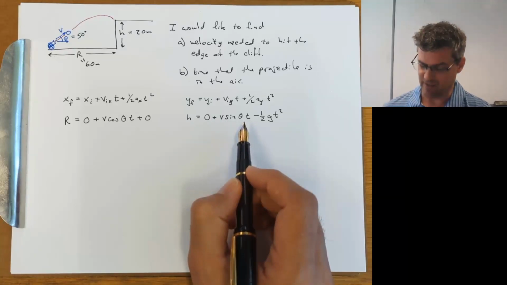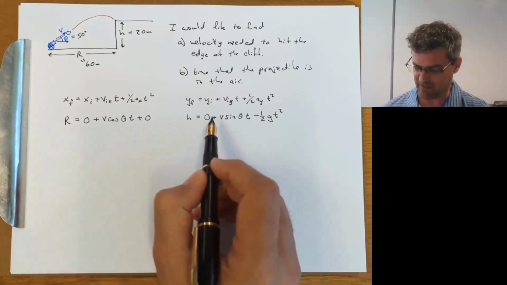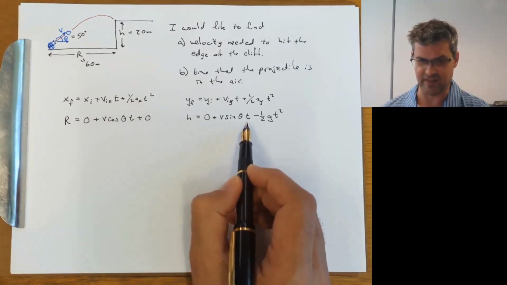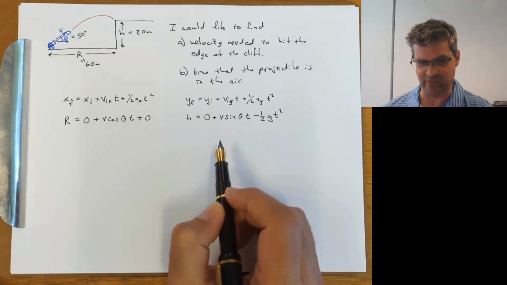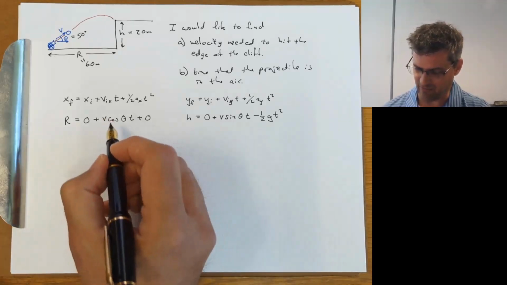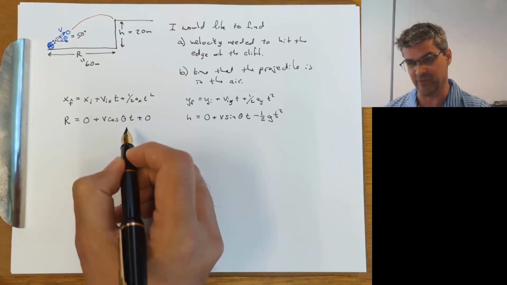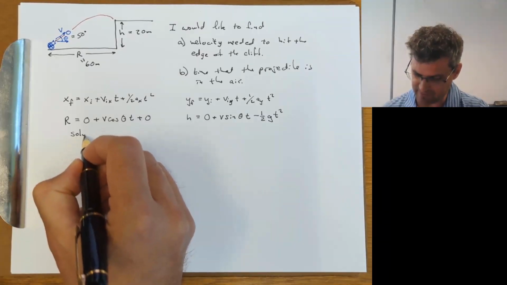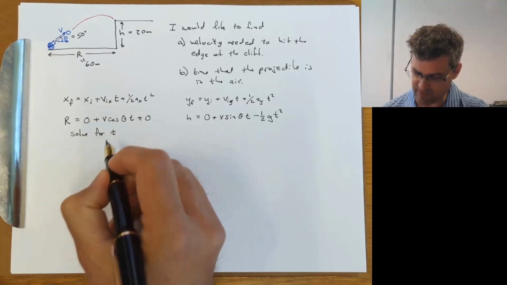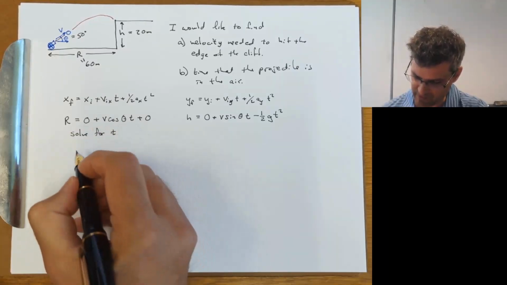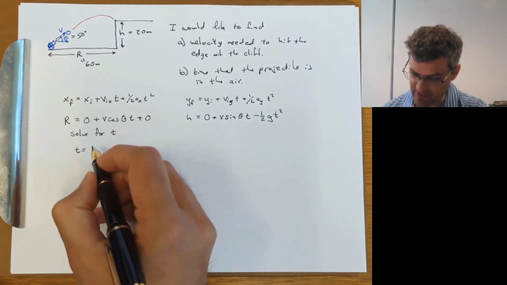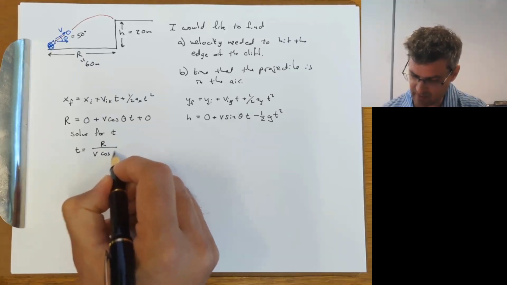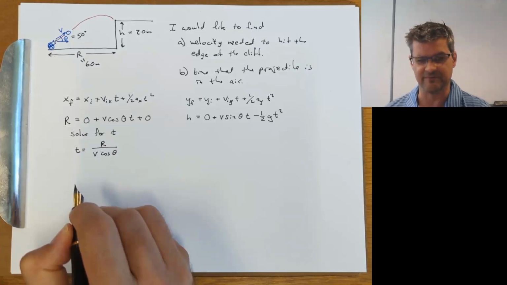This is a system of two equations and two unknowns, v and t. And the way you solve systems of equations like this is to solve one of them for one of the variables that you would like to know. So I'm going to solve this for t. And from this expression, t is going to be equal to r over v cosine theta.